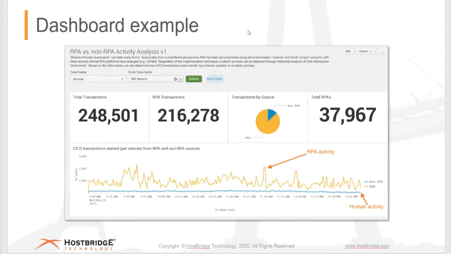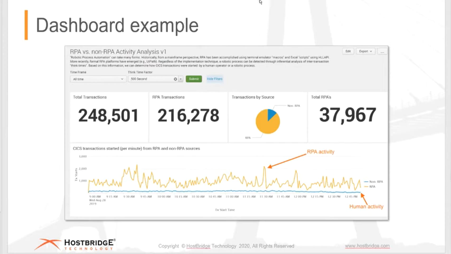And we were able to, from this, stitch together that there were probably around 38,000 RPA sequences that occurred. And using a think time factor of half a second, we were able to determine that the lion's share of all activity hitting this particular region probably was actually being driven by an RPA source as opposed to a human operator actually moderating the flow of transaction requests coming in.